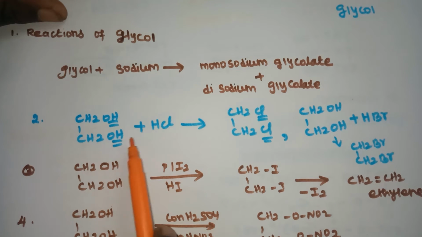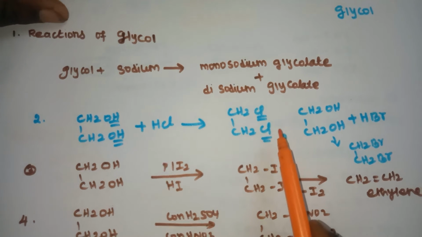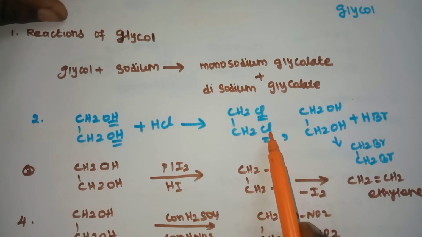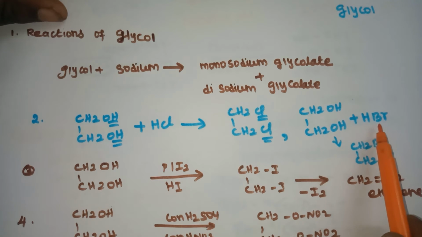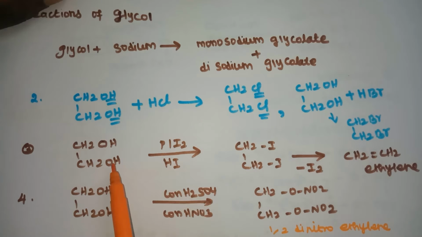Example, ethylene glycol with hydrochloric acid forms 1,2 dichloroethane. Another example, ethylene glycol plus hydrobromic acid gives 1,2 dibromoethane. Ethylene glycol reacts with phosphorus and iodine or hydroiodic acid. First step, 1,2 diiodoethane is formed. This molecule eliminates the iodine molecule to form ethylene.